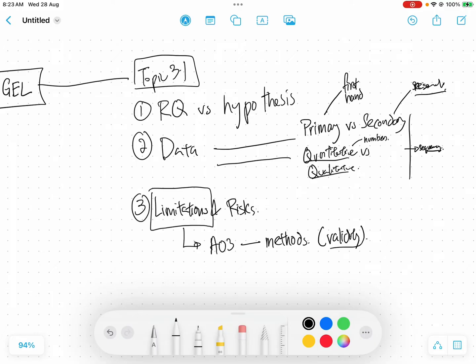And when we answer about the validity of the research, we often look at how limited the method is, for example, the sample size.